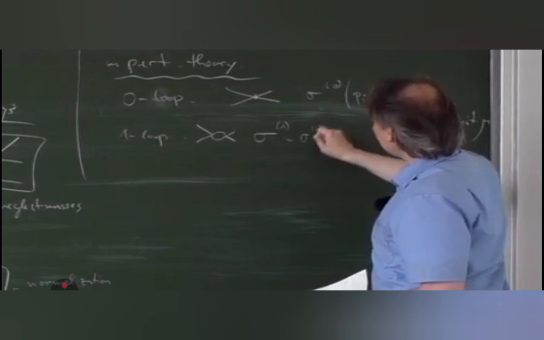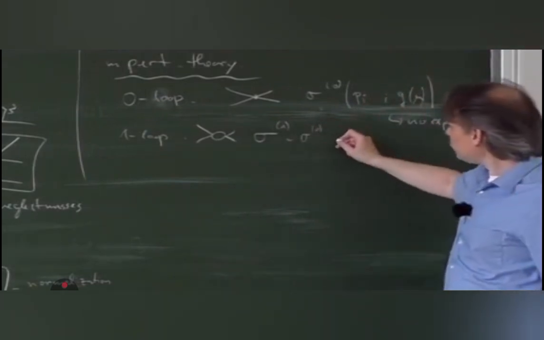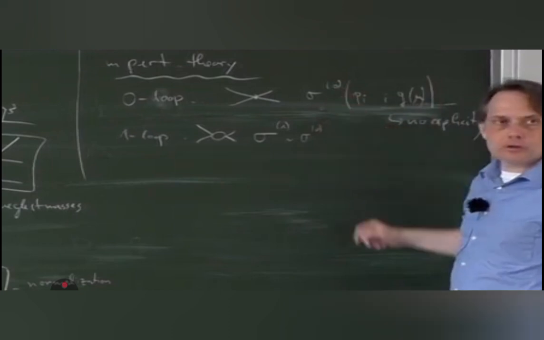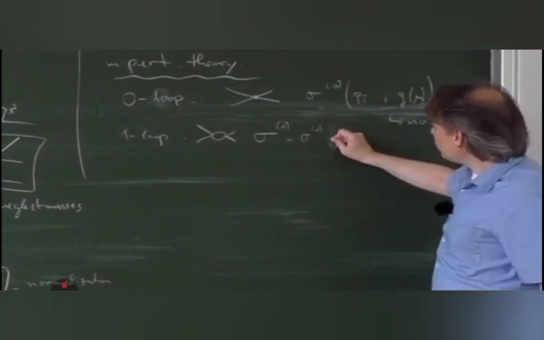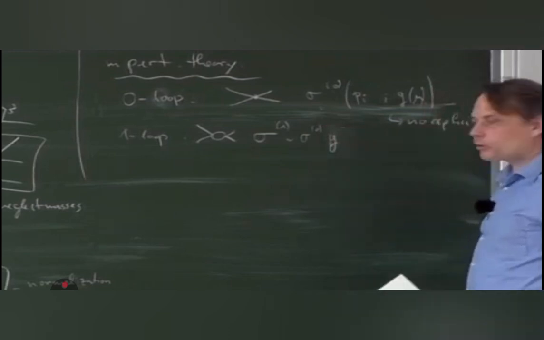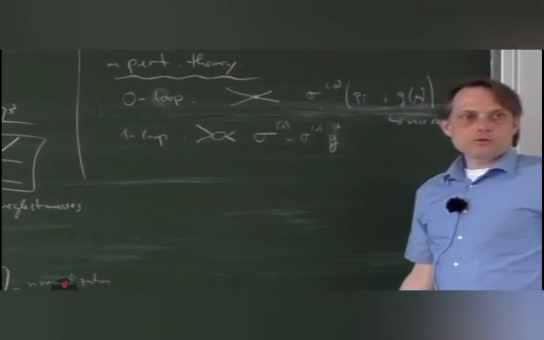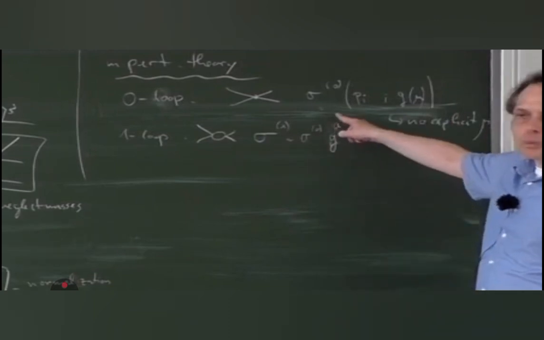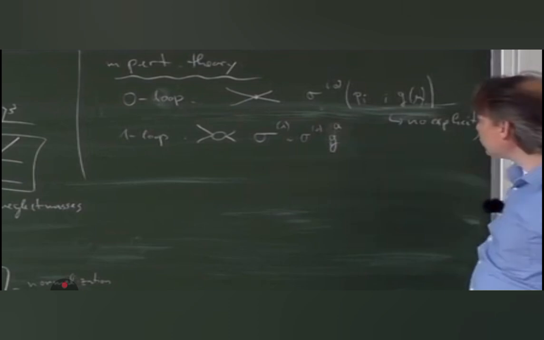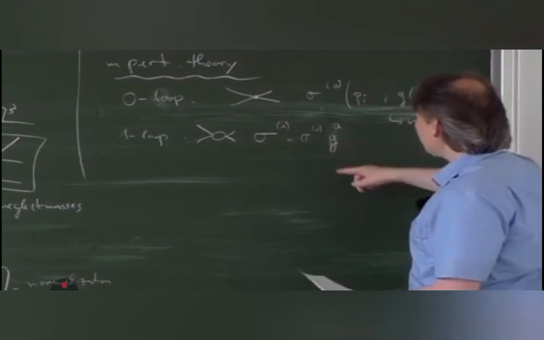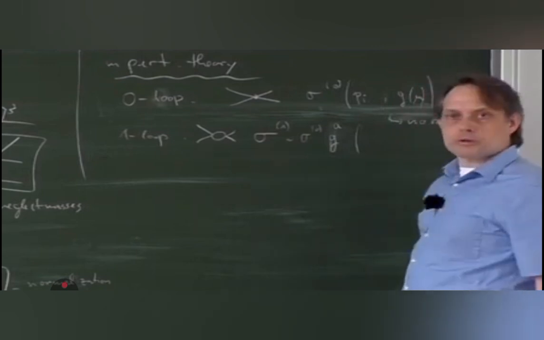We get something proportional to the lowest order prediction, which depends on the momenta and the coupling, but then an additional coupling constant G to some power A. In phi to the 4 it would be exactly one additional coupling. In QED it would be two additional powers of the coupling constant. And in general we get some additional powers of couplings, and then the result of the loop plus counter terms.